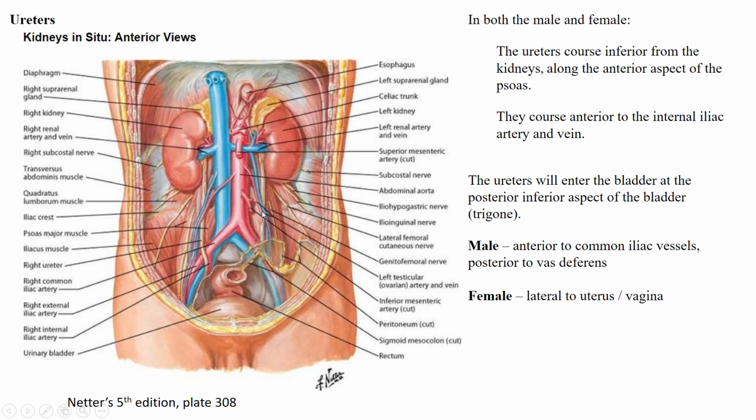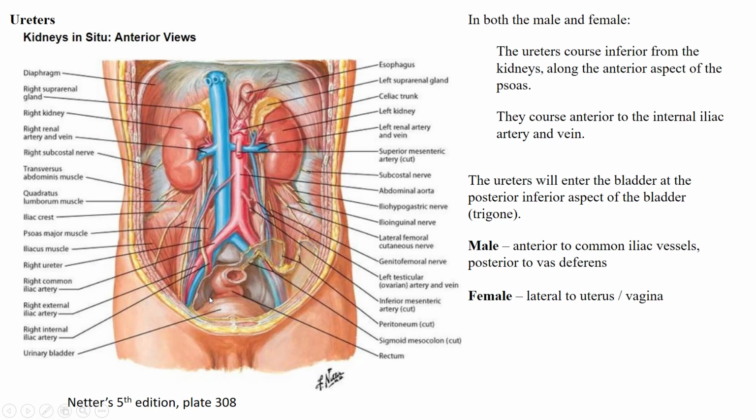And then the ureters course anterior to the iliac vessels. So you've got the iliac artery and vein here and here, and it courses anterior to that iliac artery and vein. And they will both go down and insert on the posterior and inferior portion of the bladder.